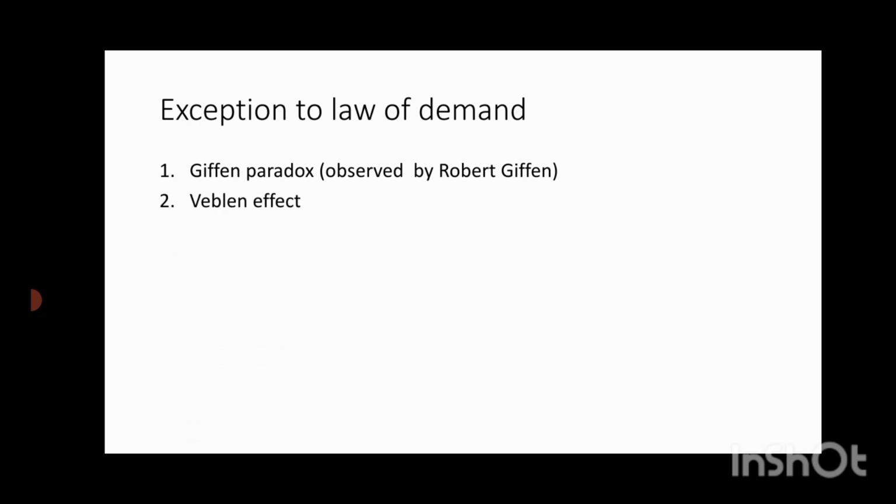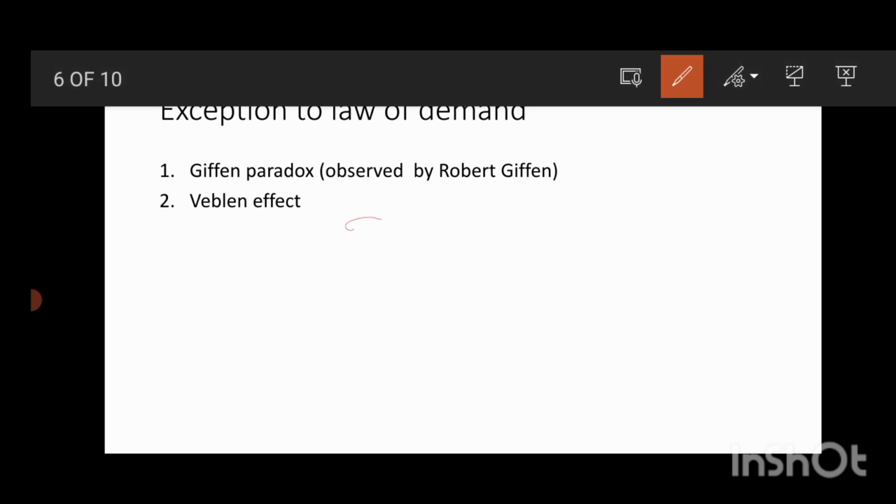Then the Veblen effect. Thorstein Veblen gave this exception to the law of demand. There are some products like diamond. It is really a costly commodity. People buy diamond. Why do they buy diamond? They buy diamond because it is of high price.